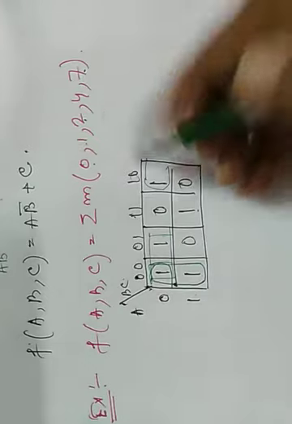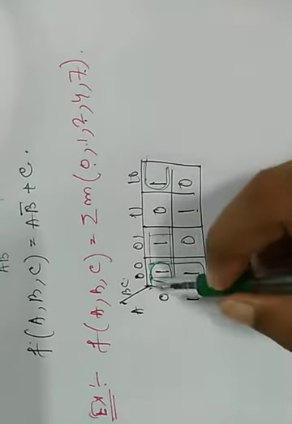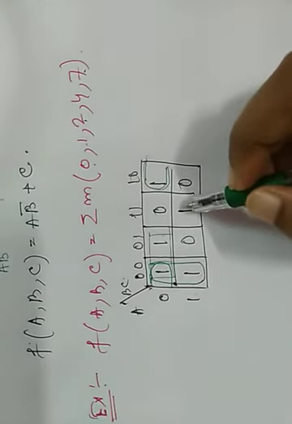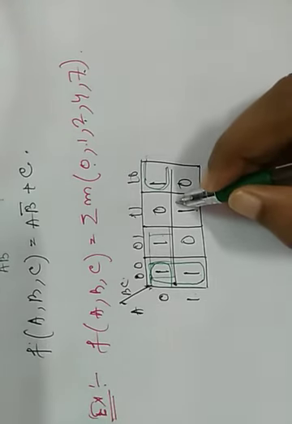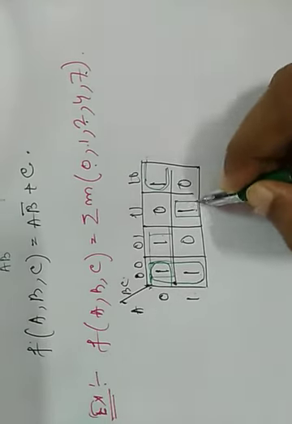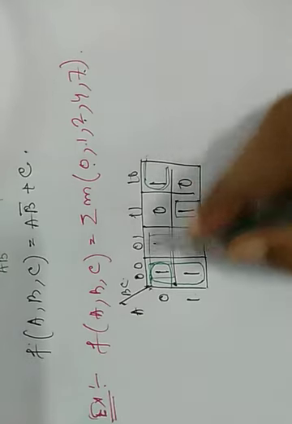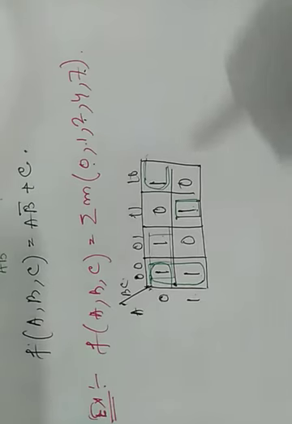But with this one, there is no 1, so we cannot make a round of it. So we have to make it a single value. We have to circle all the 1s in any way. If there is no combination, then we have to circle it as a single one.